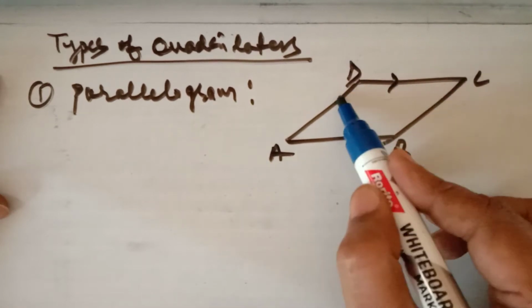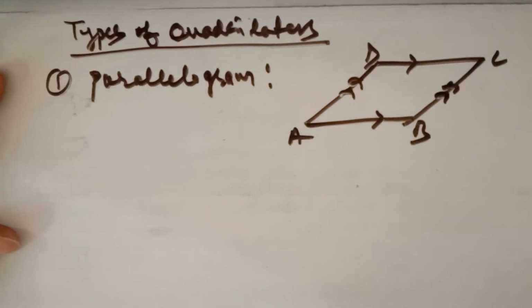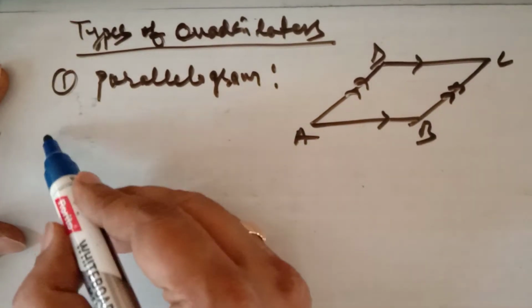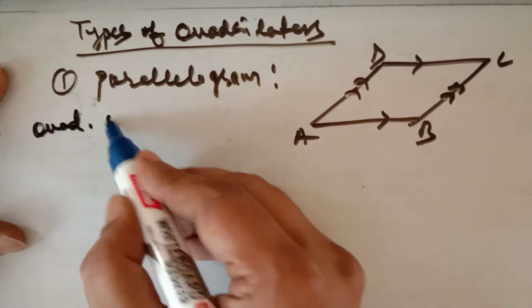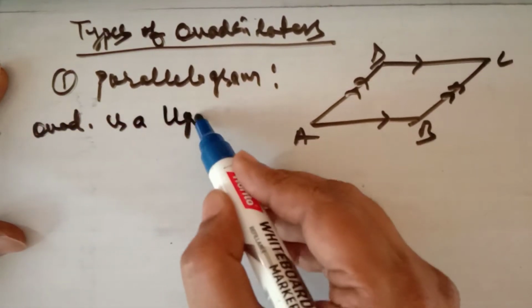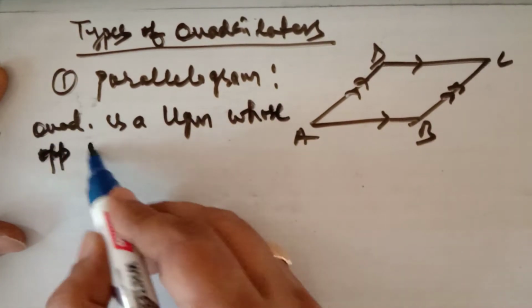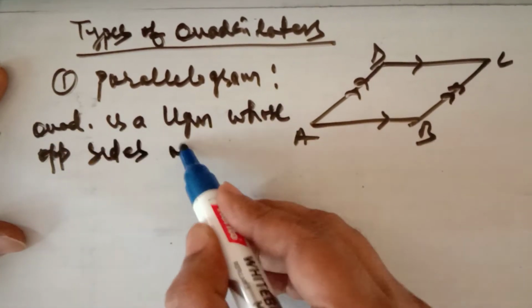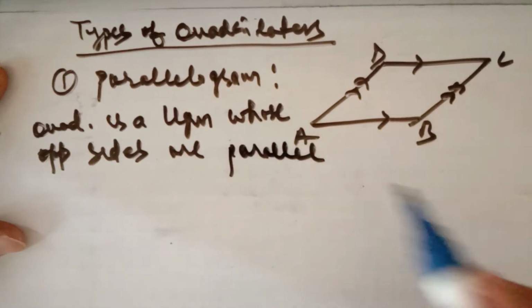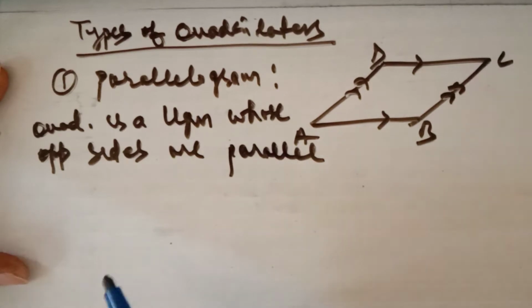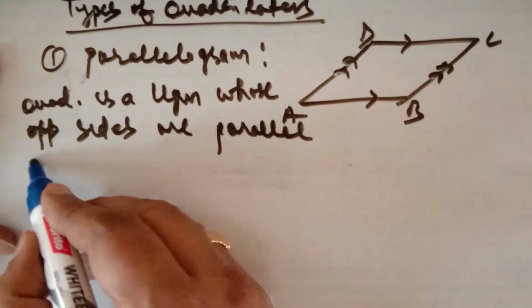This pair is parallel to this pair, and this pair is parallel to this. A quadrilateral is a parallelogram if its opposite sides are parallel.